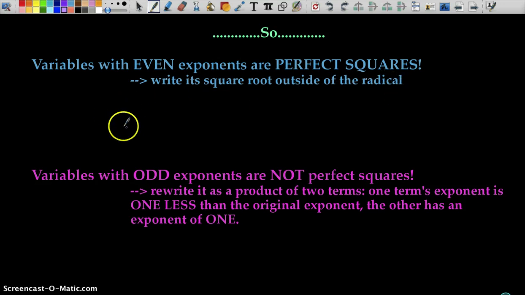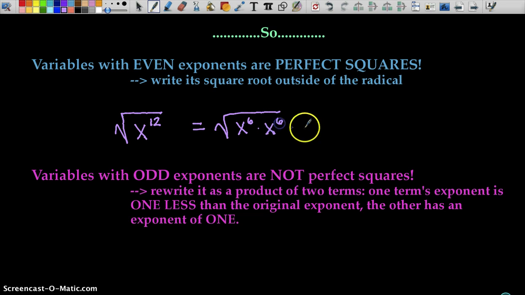As an example, if I had the square root of x to the 12th, since we add exponents together to get x to the 12th, this would mean it was x to the 6th times x to the 6th. So the square root is x to the 6th.